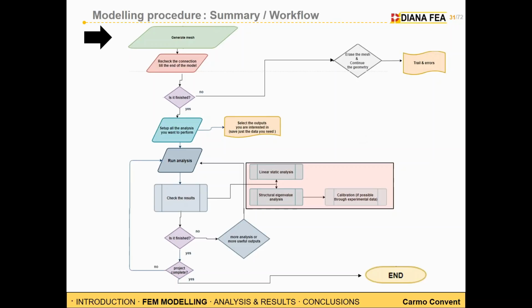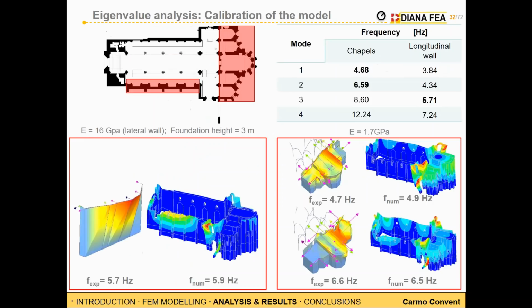It's very interesting to understand better what calibration is. Calibrating the model means that we make the model behave realistically, like the real structure. So in this phase, we perform several eigenvalue analyses, changing the parameters in order to achieve the frequencies and the mode shapes we obtain from the dynamic identification test.